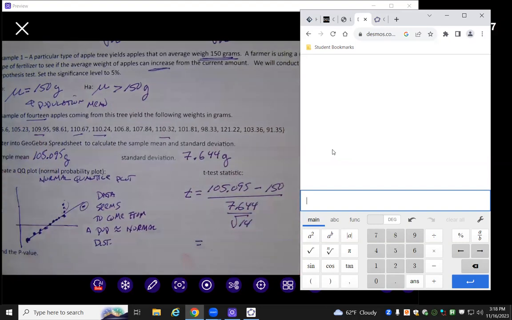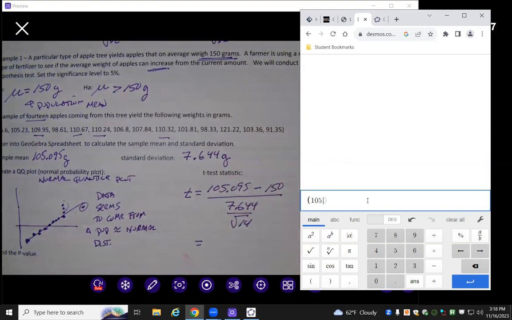I'm going to enter this in one shot into Desmos, a free online calculator. I'm going to put parentheses to signal I am looking at the numerator, subtract the null, then hit the divide key, either the key on my keyboard or the divide button here.